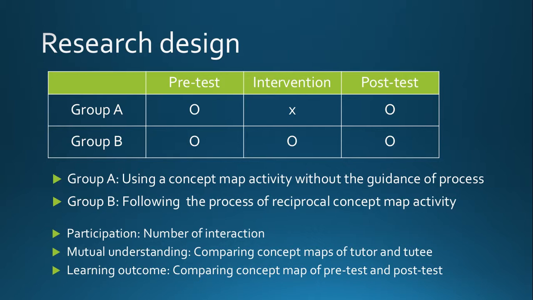Students' participation will be measured by the number of interactions during the activities, and students' mutual understanding will be measured by comparing concept maps of tutor and tutees through the learning activities. Also, students' learning outcome will be measured by comparing each student's concept map of pre-test and post-test.